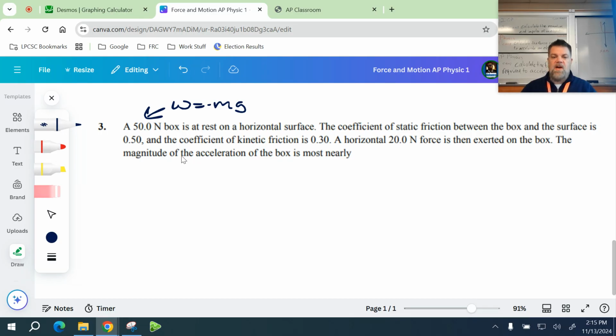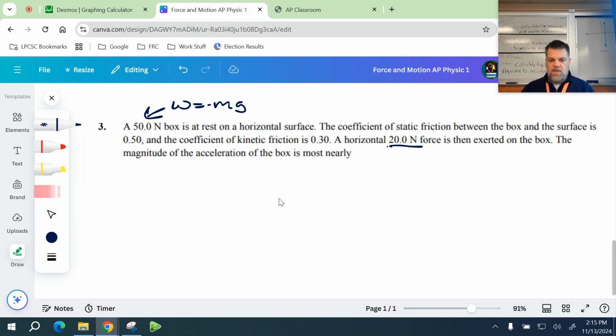But anyways, the coefficient for static friction on the box on the surface is 0.50, and the one for kinetic friction is 0.30. A horizontal 20 Newton force is exerted on the box. What are the magnitude and acceleration of the box?